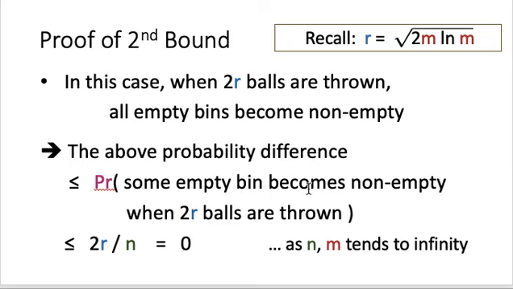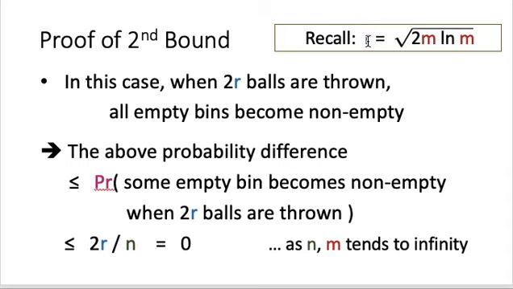Notice that this is much easier to happen than all empty bins becoming non-empty. And for this one, when two r balls are thrown, each ball can make the corresponding empty bin become non-empty with probability 1 over n. So by using the union bound, this probability is less than or equal to 2r divided by n.